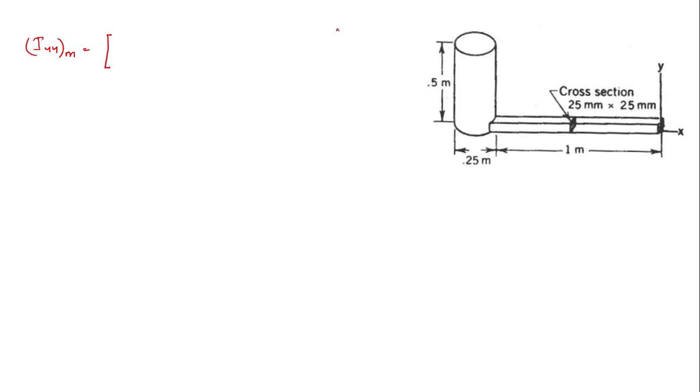The mass moment of inertia with respect to the cylindrical axis, we know the equation is m r square by 2. So 50 into r, you see the diameter is given as 0.25, so the radius will be 0.25 divided by 2. So this would be 0.25 divided by 2, the whole square, divided by 2, plus. Now I'll have to use the parallel axis theorem in order to express the moment of inertia with respect to this axis.